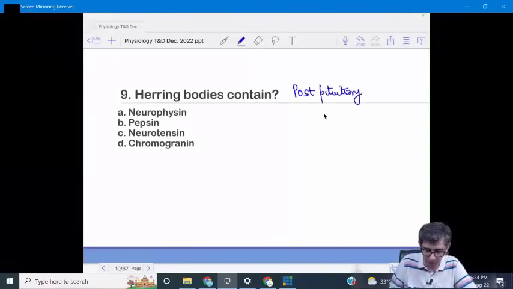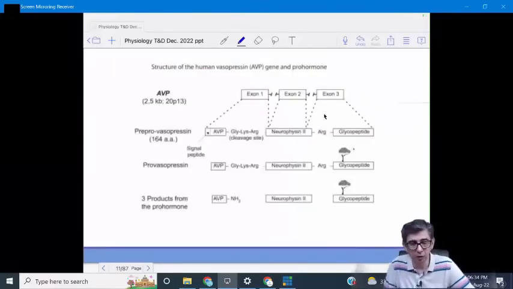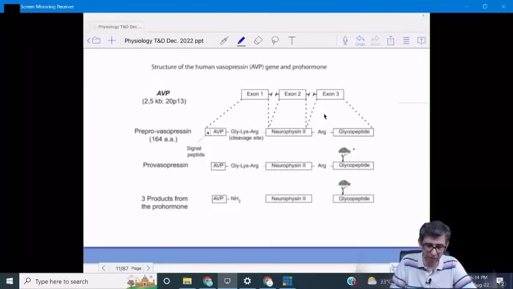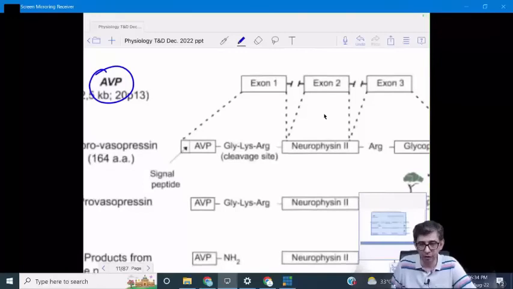because when you read the data, you always read about a hormone by the name of AVP, which is also called vasopressin. When AVP or vasopressin is getting formed, one of the components, which I'll zoom in on, is neurophysin.